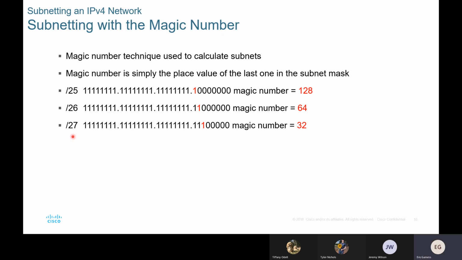Let's say that we have this net mask, /27. It's 27 ones, so 8 plus 8 plus 8 plus 3. The last one is here in the 4th byte, and the value of this last one is 32. So the magic number for this net mask will be 32, and it is in the 4th byte.